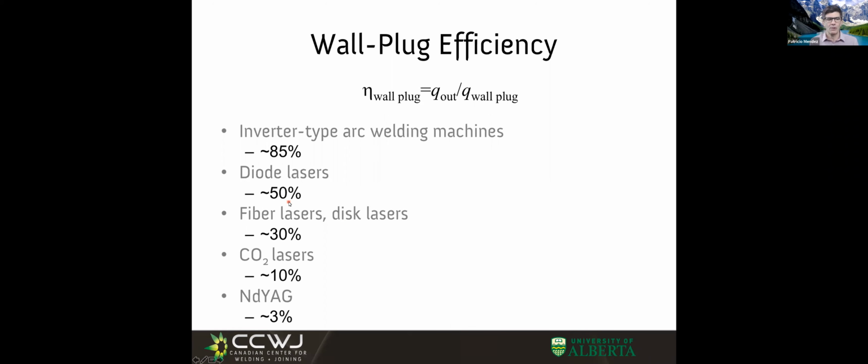That means when I'm running that laser at full power, I'm using 18 kilowatts, because at 50% efficiency, 9 come out and 9 get lost. But if I wanted 9 kilowatts from a CO2 laser, I would have needed 90 kilowatts. Now, 90 kilowatts, let me tell you, is about what a small town burns.